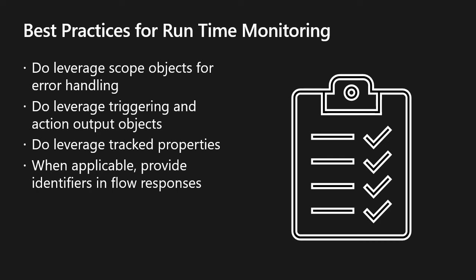Do leverage trigger and action output objects. The output objects will give us a lot of information about what the service is trying to tell us. So if we ran into any throttling, any error messages, or if we are concerned about what was changed, in Dataverse we have something called plugins, which represent business logic.